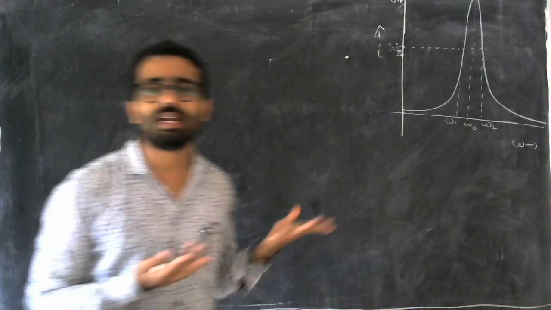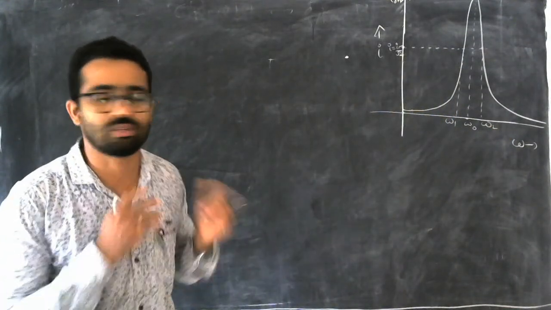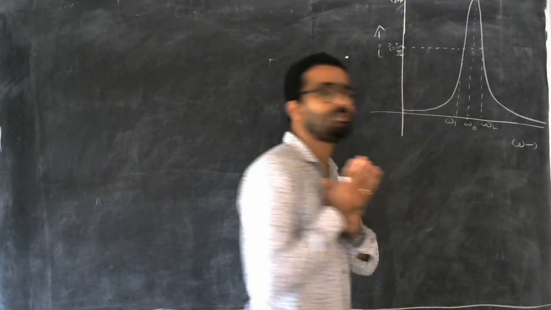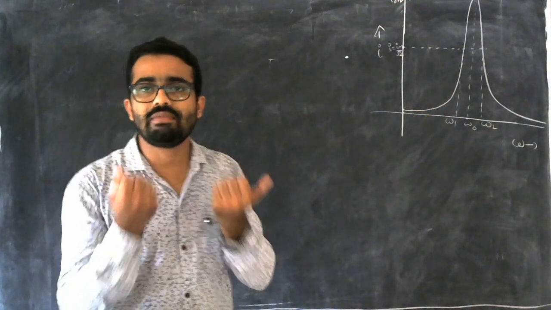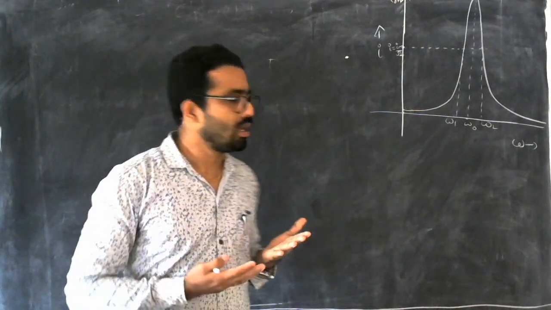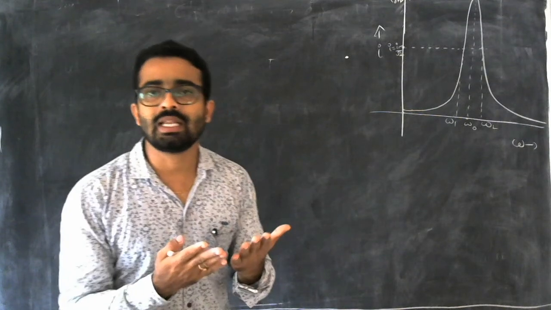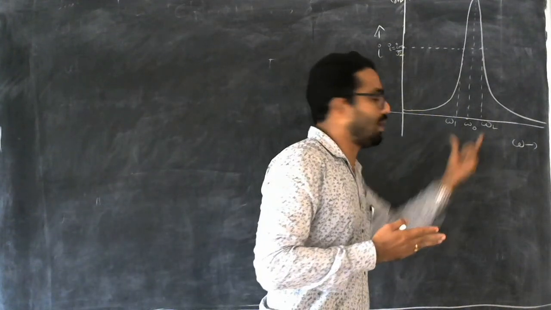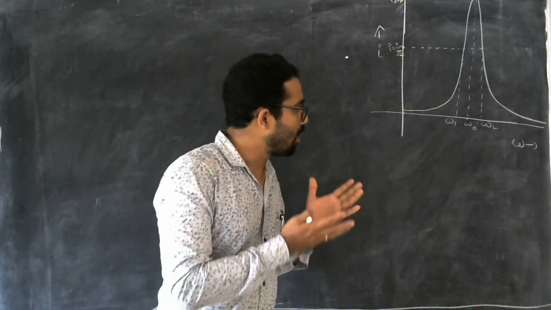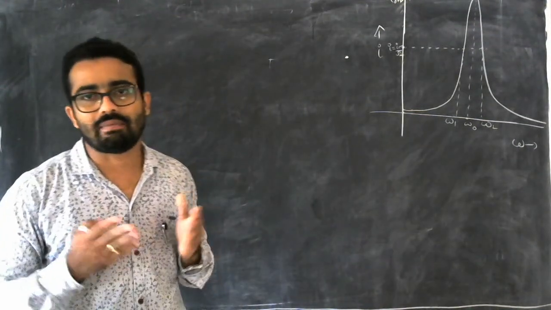If you set this range of frequencies in our receiver circuit, meaning in our radio, you can access all the signals which come in between these frequencies. So this is the usage of taking the range of frequencies.